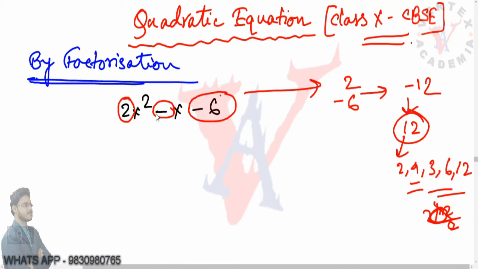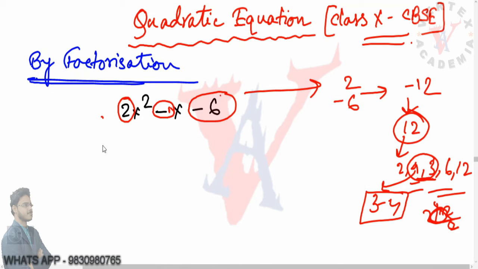Here it is minus 1. So from these factors, by adding or subtracting, you have to write the middle term. For example, if you take 4 and 3, then 3 minus 4 is minus 1. So by a combination of these two factors, 3 and 4, you can write the coefficient of the middle term.